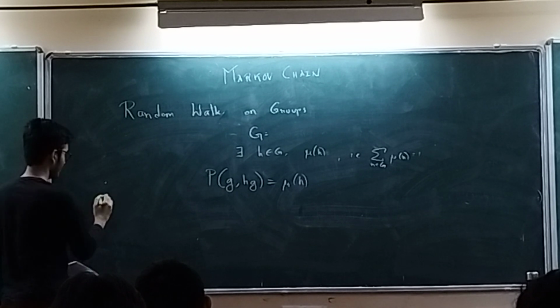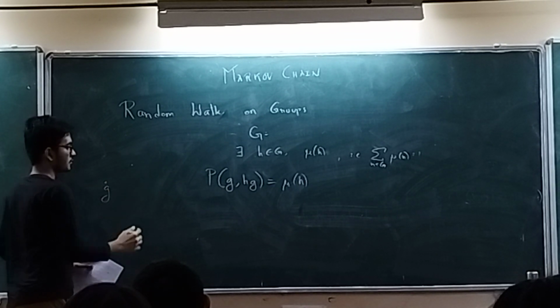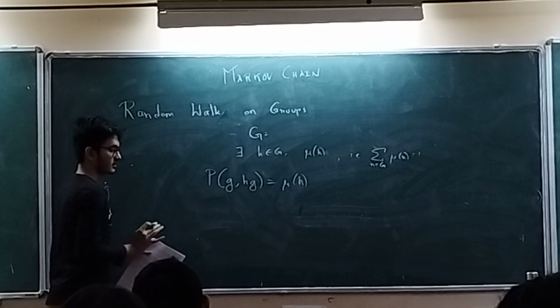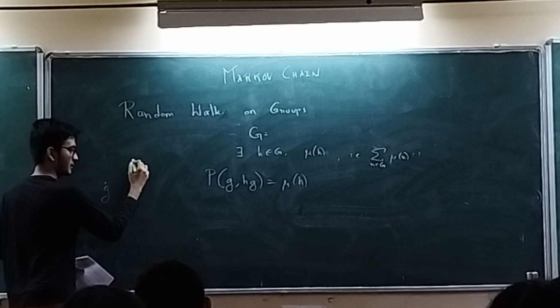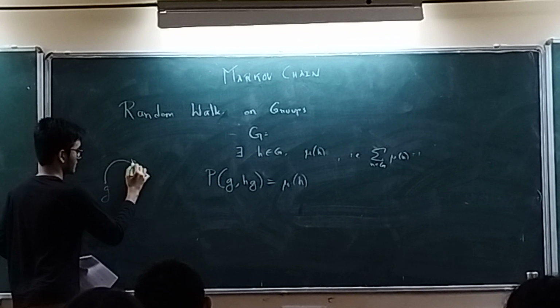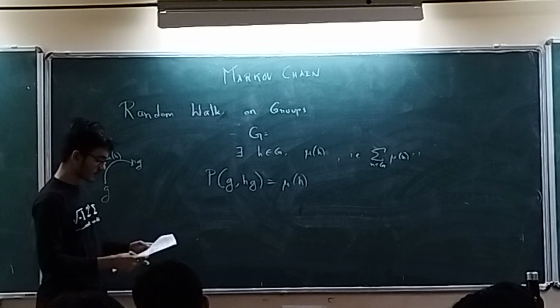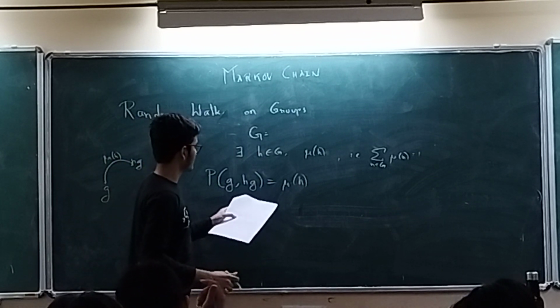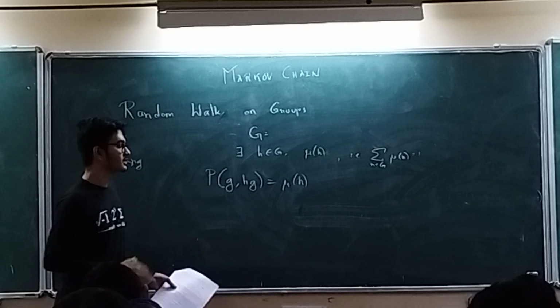You have G here, and from G you can go to many places by multiplying different elements of the group, and if you multiply by H, the probability will be mu of H. There is nothing special about left multiplication. You can also define it through right multiplication, but I will just use this.